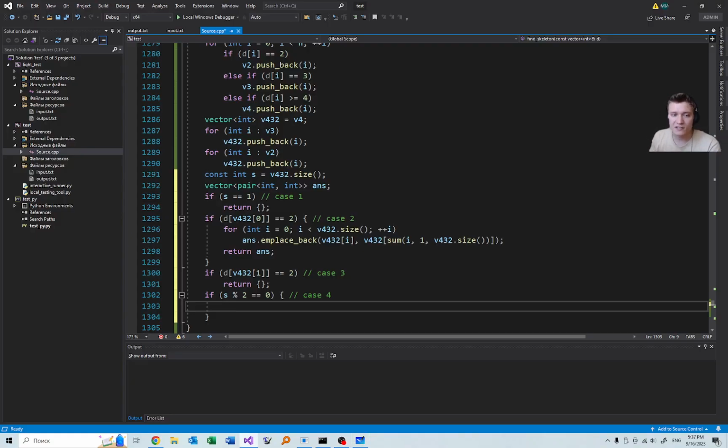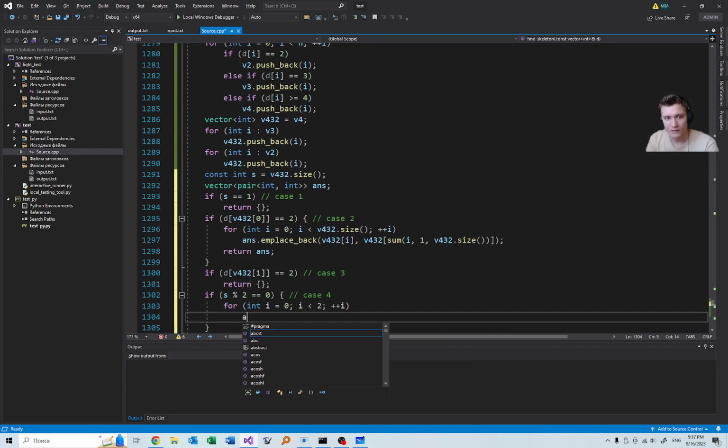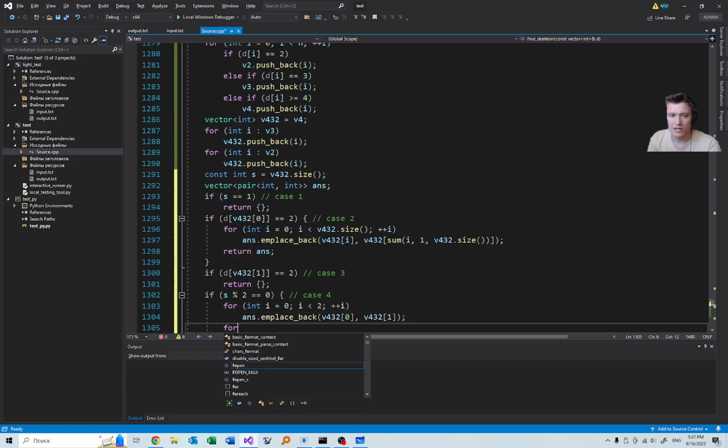First of all, we need to make the cycle. So we ans.push_back v[2] and v[2] first. We add it twice. After that, we go from 2 to s.